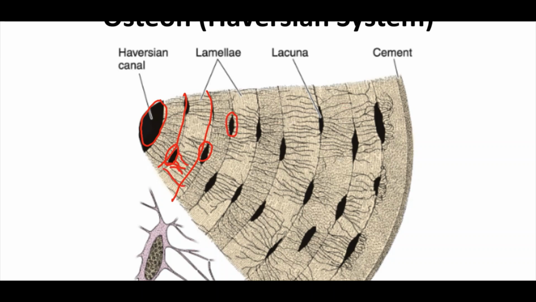The cytoplasmic process of this osteocyte is forming gap junctions with the cytoplasmic processes of this osteocyte. We said that the cytoplasmic processes of the osteocytes are found in very small spaces called canaliculi. The outer layer of a Haversian system is what we call the cement line. It has more rich collagen.